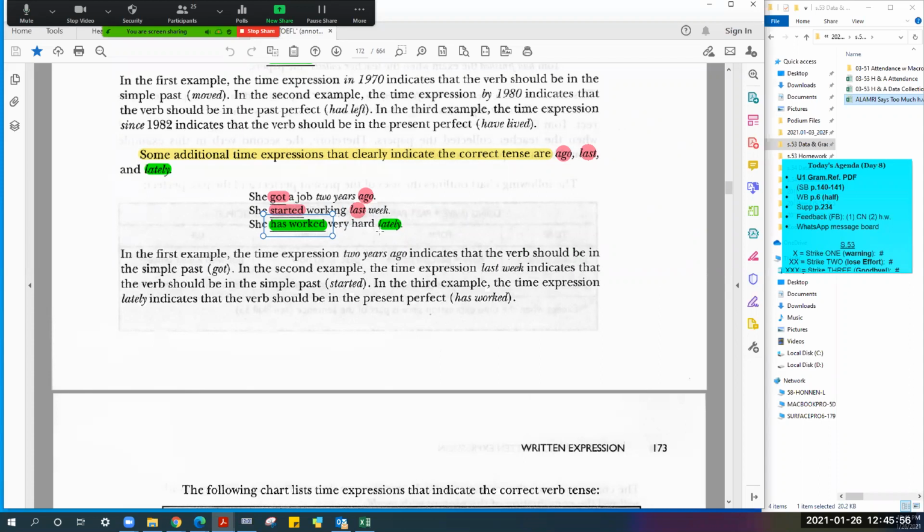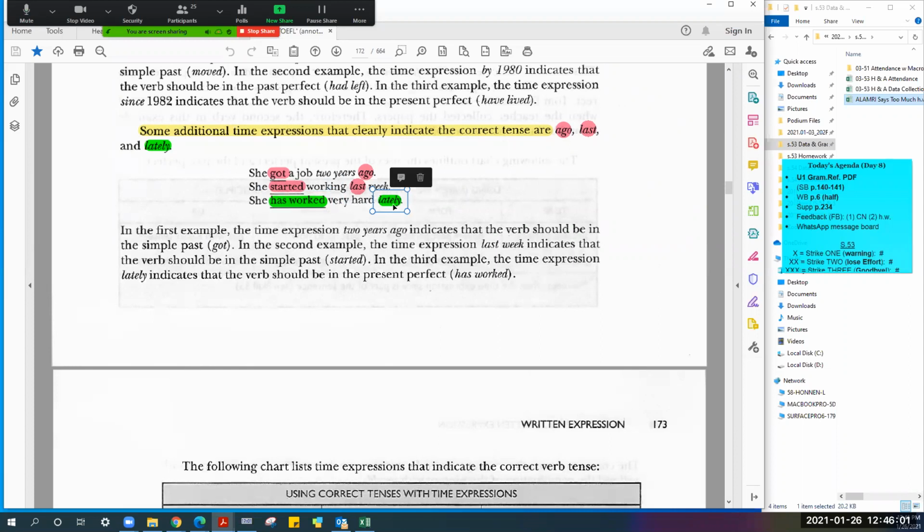She has worked very hard lately. Yeah, lately, maybe 85% present perfect, or maybe more than that. I don't know, but it's almost always present perfect.